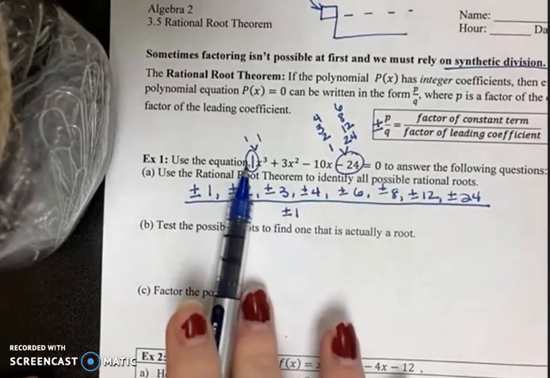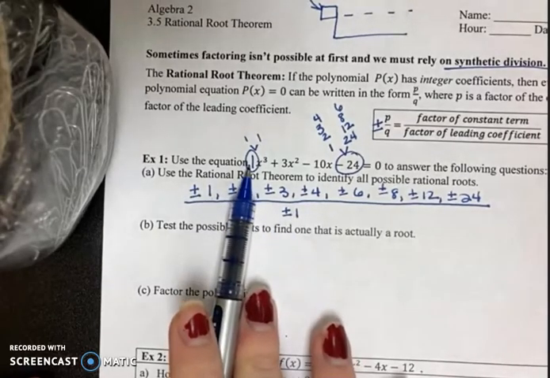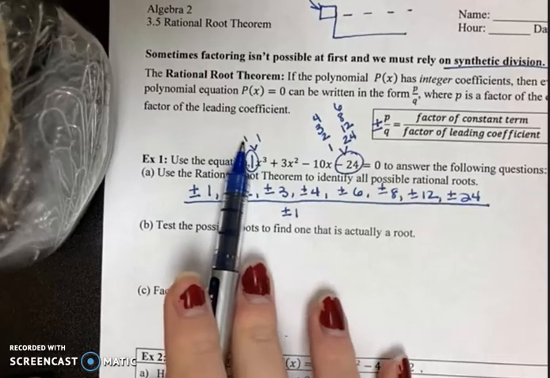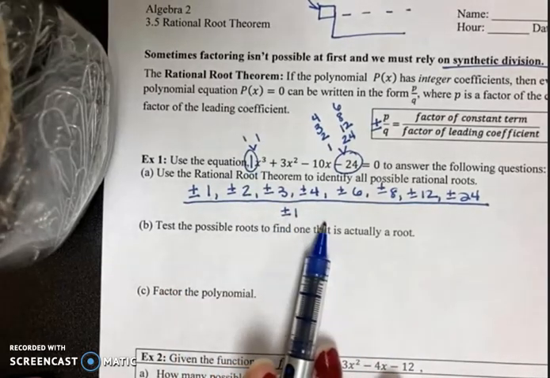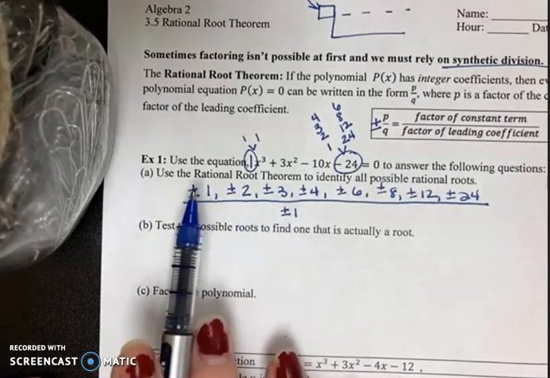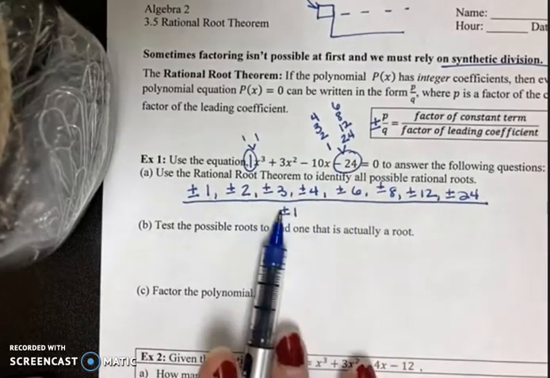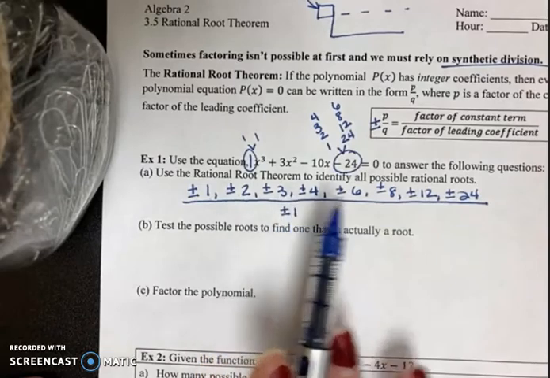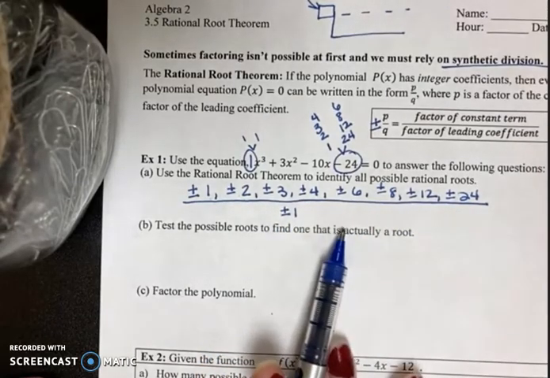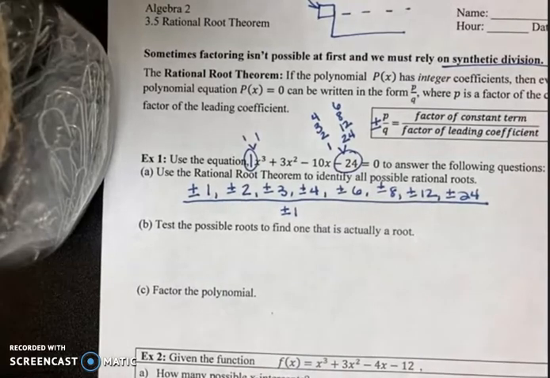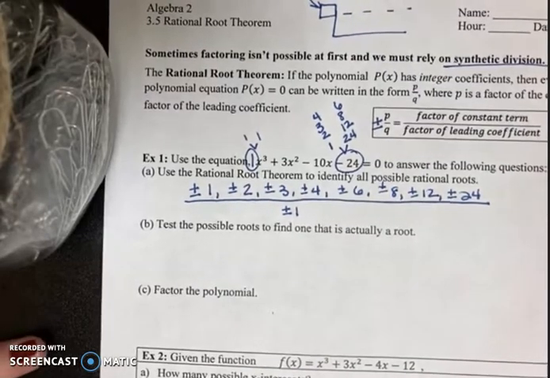If this would have been like a 2, let's say, the factors would have been 1 and 2, so I'd have plus or minus 1 here, plus or minus 2 here. That means I would have to put all of these factors over 1, and then all of these factors over 2. So that makes it a lot more numbers we have to test.